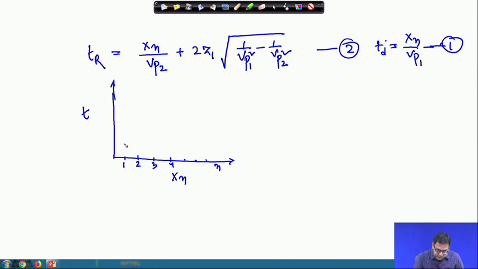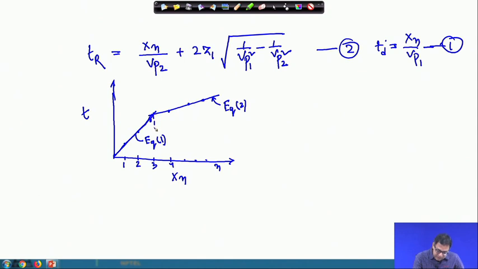We will get this type of points, and if I join these points, we will get this type of curve, which indicates that this part will follow equation number 1 and this part will follow equation number 2.